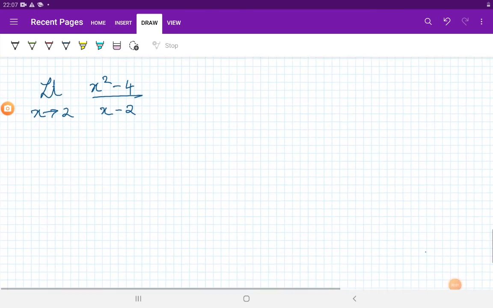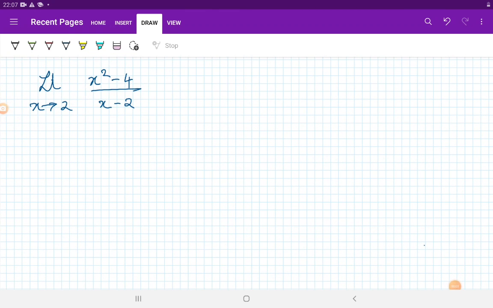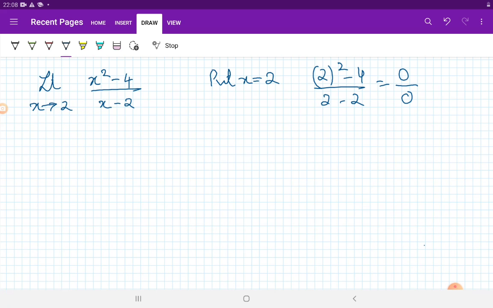Let's have a look at another type of function where you have been asked to evaluate limits. Now, unlike the first method that I discussed, here if I put x equals 2 in this function, I will get it in 0 by 0 form.